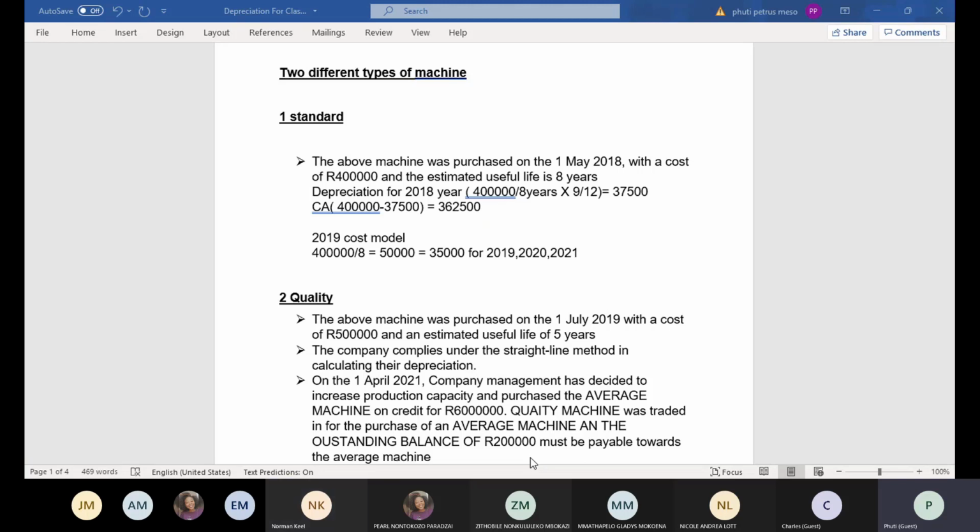So if it's the 1st of May, because that month hasn't started as yet, that means that it's going to be the 30th of April. Am I making sense? And if the asset has been sold on the 1st of April, because it was sold at the beginning of April towards the end of the year, you just say multiply by 1 divided by 12.